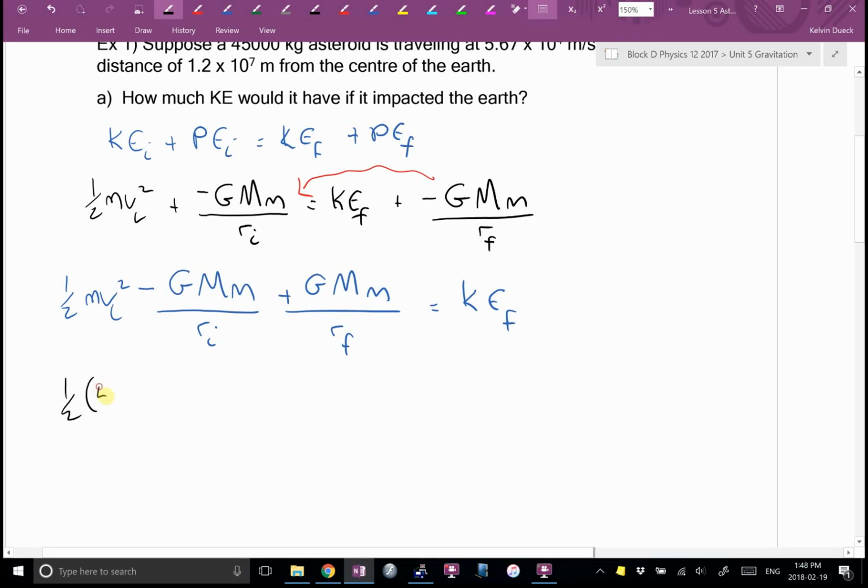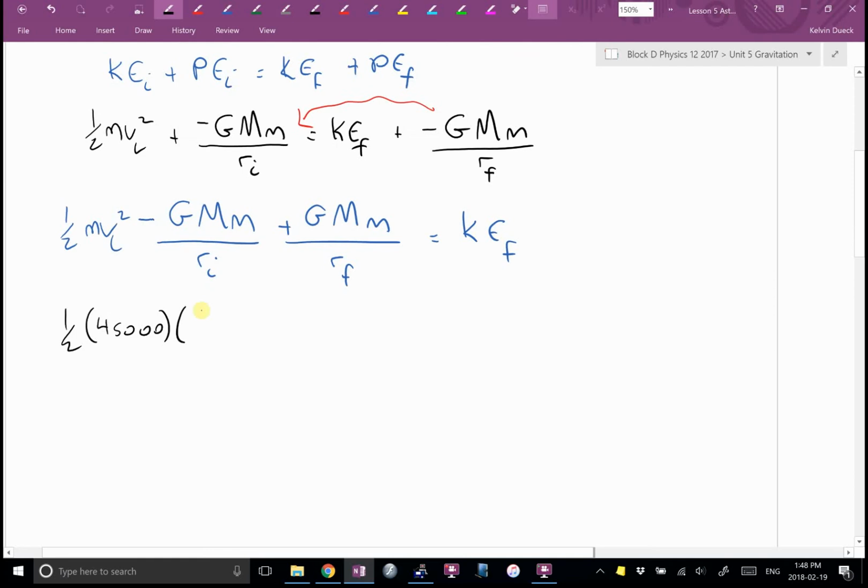So it's going to be 45,000. What was my initial velocity? 5.67 times 10 to the 4th, squared. That's 56,700 meters per second. That's pretty fast. I might have overdone it, but I wanted to have a spectacular impact.